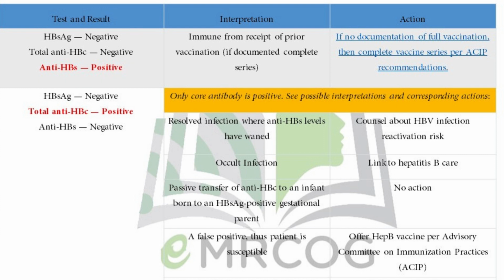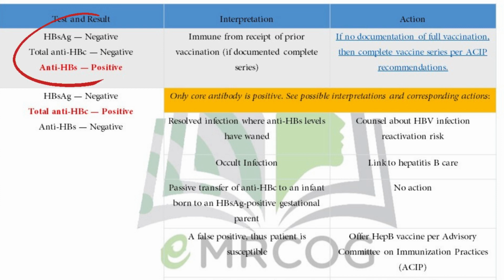We have another little bit challenging case when the core antibody is positive only. What does this mean? If I only have antibodies against the core, but the surface antigen is negative, and of course the antibody is negative, that could mean many things.